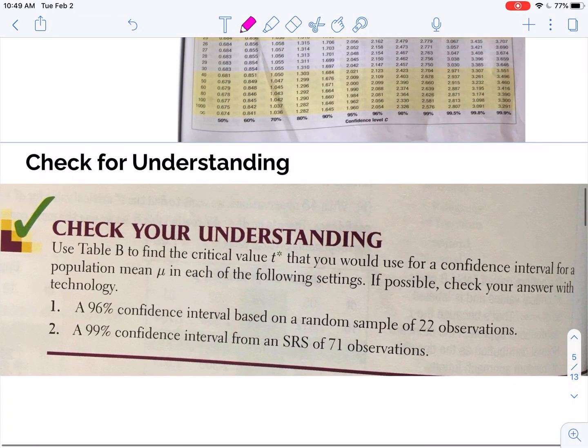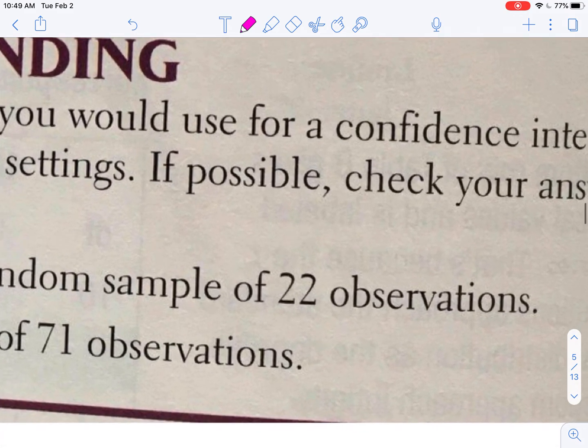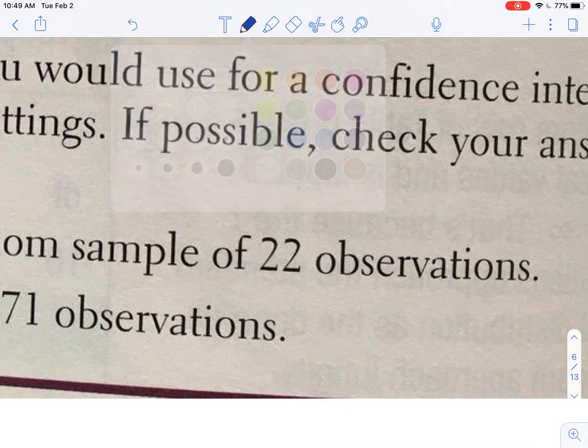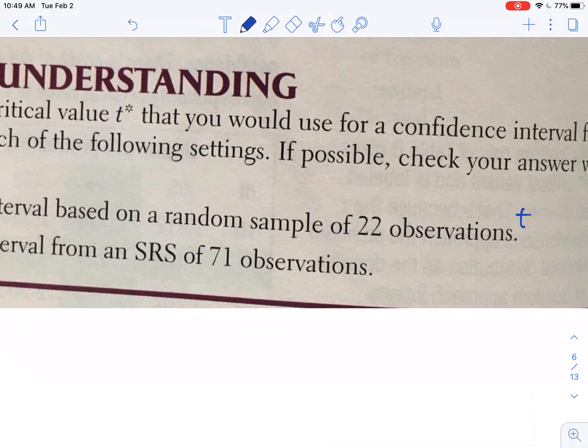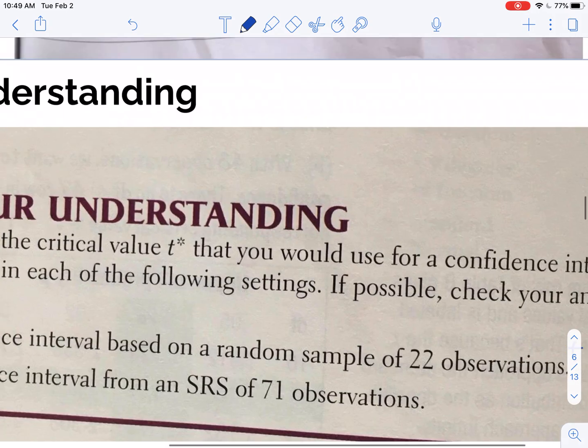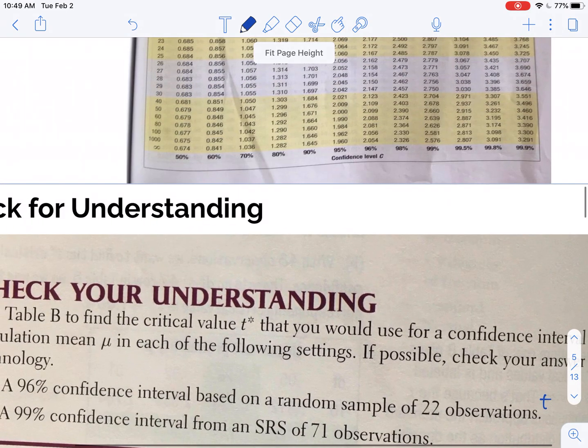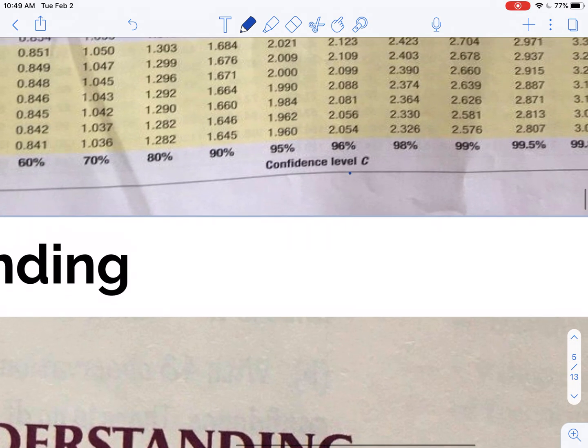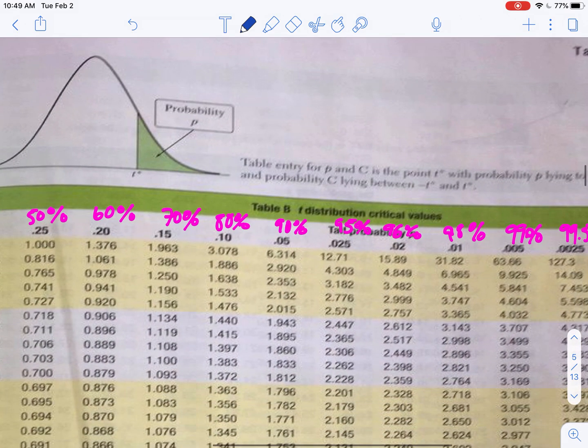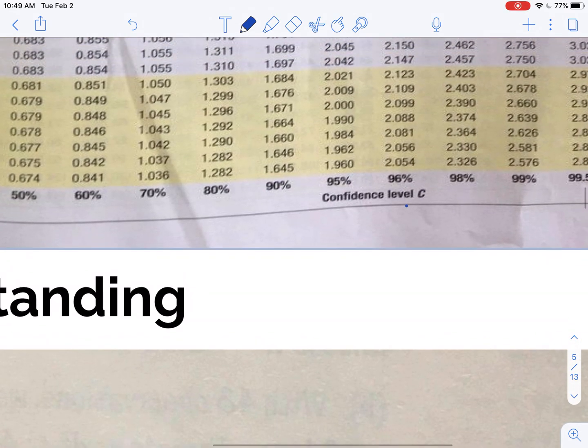All right, so let's go through and figure this out. We want to figure out the t-value for a 96% confidence interval for a random sample of 22 observations. I go up and find where the confidence level is. I reported it up here with the tail value, but it matches down here with this 96%.